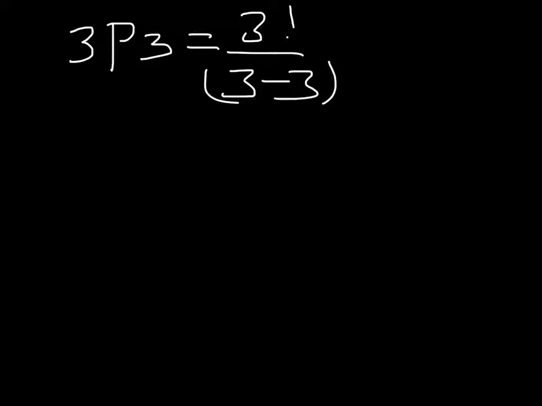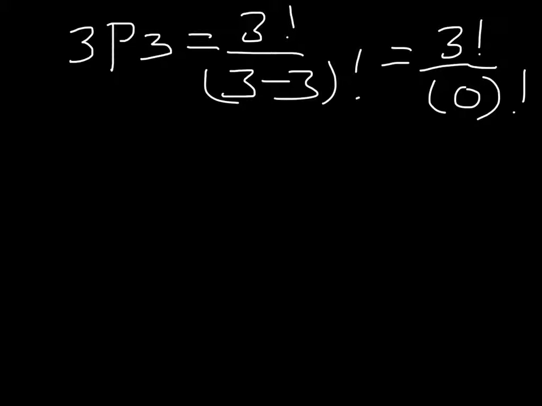So it would be 3 permutation 3, which would be 3 factorial over 3 minus 3 factorial, which of course would just be 3 factorial over 0 factorial. I don't think the parentheses are necessary right now.